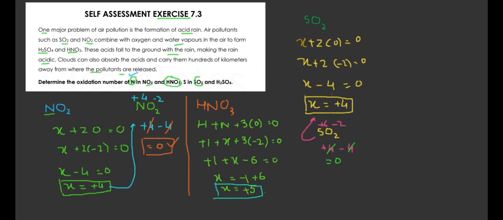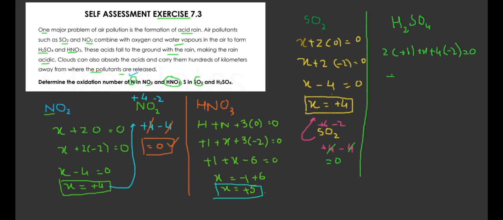Now the last part is, you have to find out the oxidation state for sulfur in sulfuric acid, H2SO4. That is quite simple. For hydrogen you have to write +1. For sulfur you have to write X, and for oxygen you have to write -2, and as a whole the algebraic sum would be equal to 0.